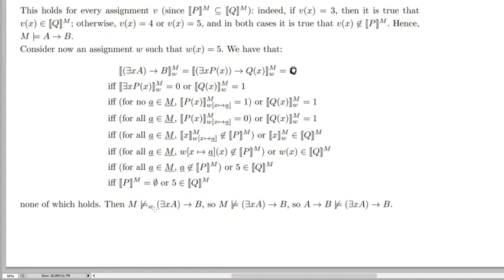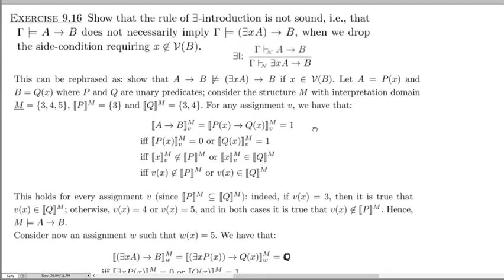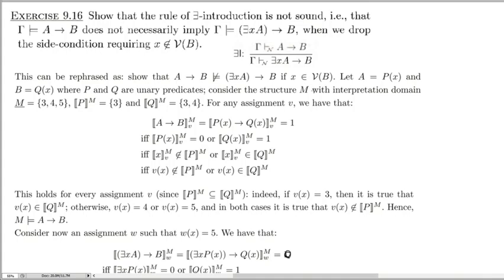And since it's not satisfied under M under this W here, it's in general not satisfied under M. We showed that it's not satisfied under this assignment W. And since it's not satisfied under M, we cannot say that A implies B satisfies ∃x A implies B, even though A implies B is satisfied under M. So that was how we went forward to show the importance of the assignment here.